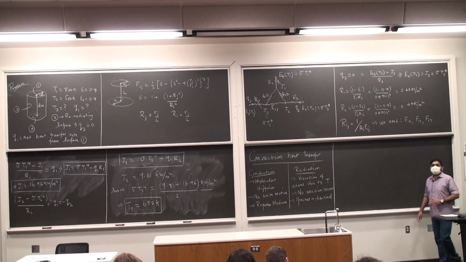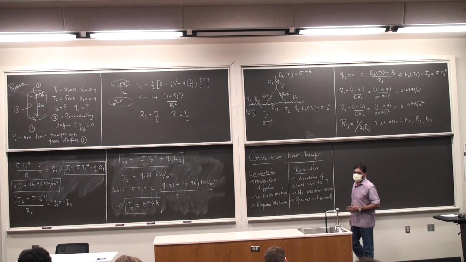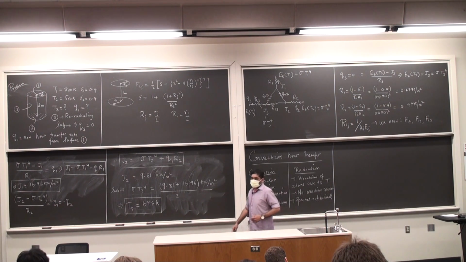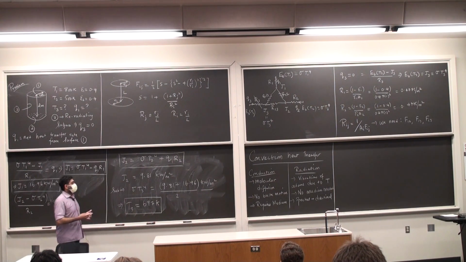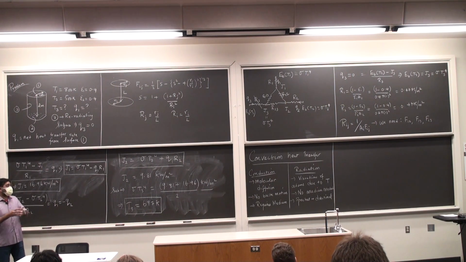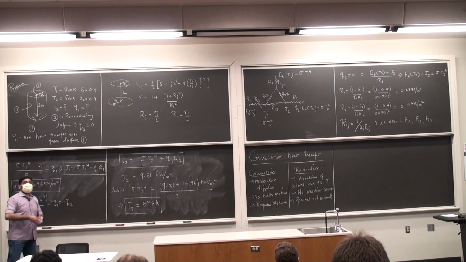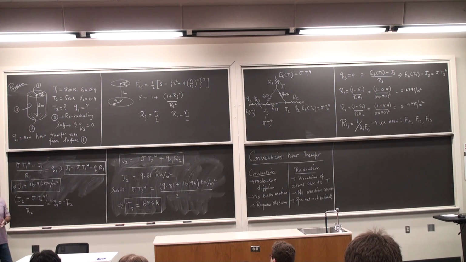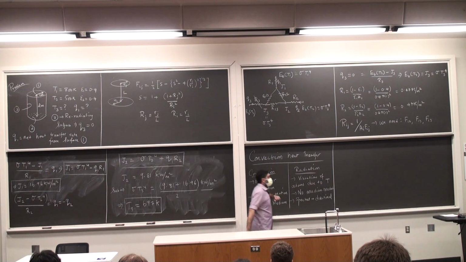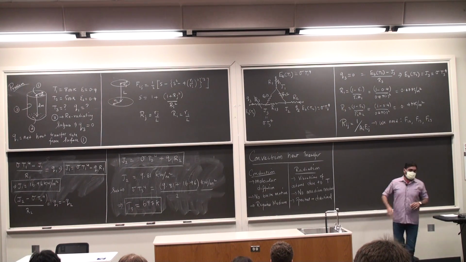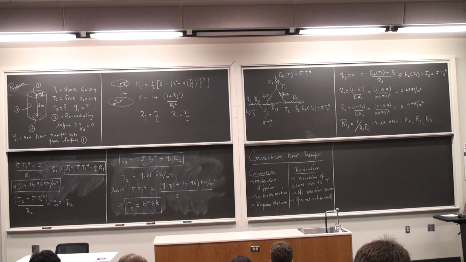Most predominantly the Planck distribution, which helps us characterize the intensity of ideal bodies. Then we have Kirchhoff's laws, which help us understand when absorptivity and emissivity can be equal to each other, which will simplify our analysis. In the process, we come up with this network idea for resistance in radiation problems. So we've done these two pretty thoroughly, in my opinion. We've solved a good amount of problems as well.